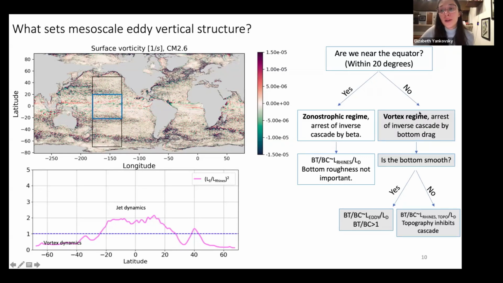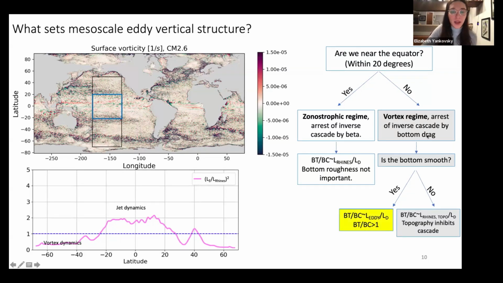If we're not near the equator, then we're in the vortex regime, and the inverse cascade is arrested by bottom drag and bottom friction. So the character of the bottom becomes very important. If the bottom is smooth, then it's that same relationship that I showed earlier that worked in that idealized model, which is the eddy scale divided by the deformation scale. And if the bottom is not smooth, then it's the topographic Rhines scale that is important.